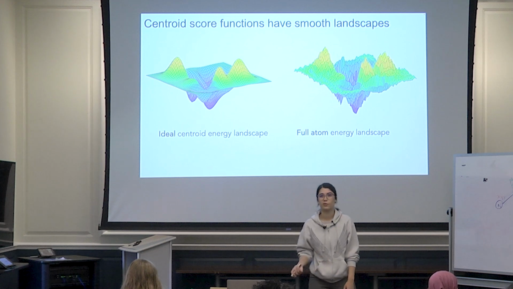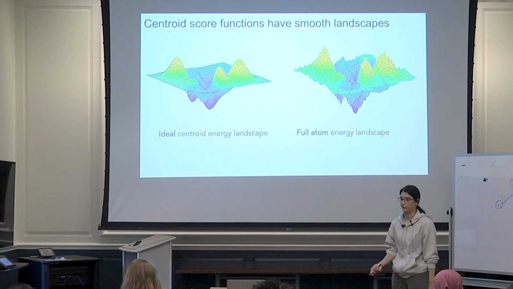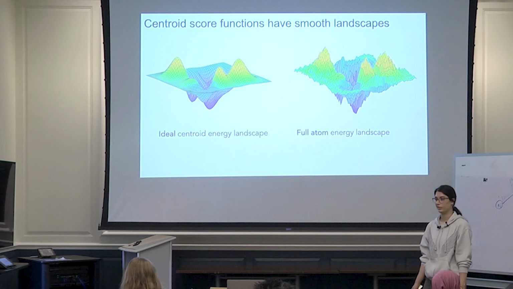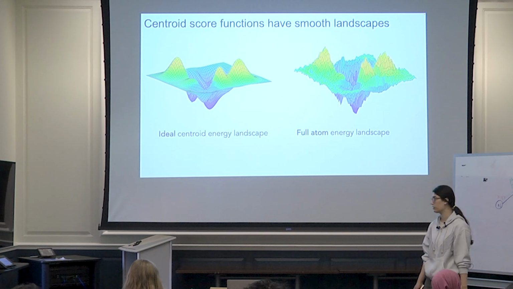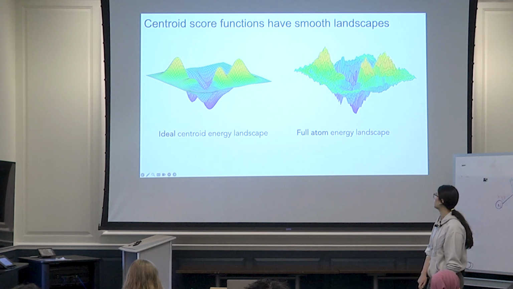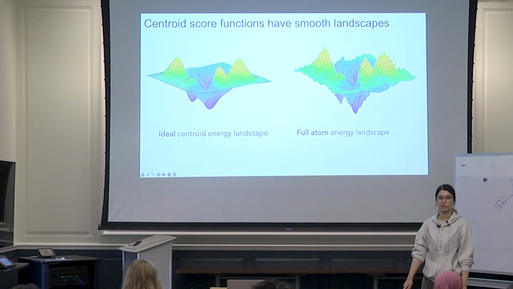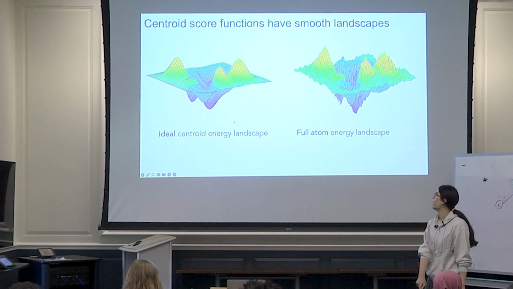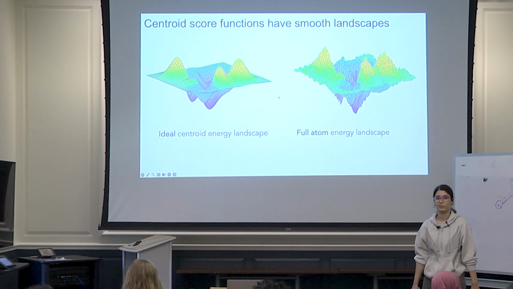And so in general, for native proteins, if we were to actually take a look at what the energy landscape looks like, and we had a way of determining this, either through some simulation or some experimentation, we would see that the energy landscape is rugged. So it's going to look a lot rougher than the ideal centroid energy landscape that we have.